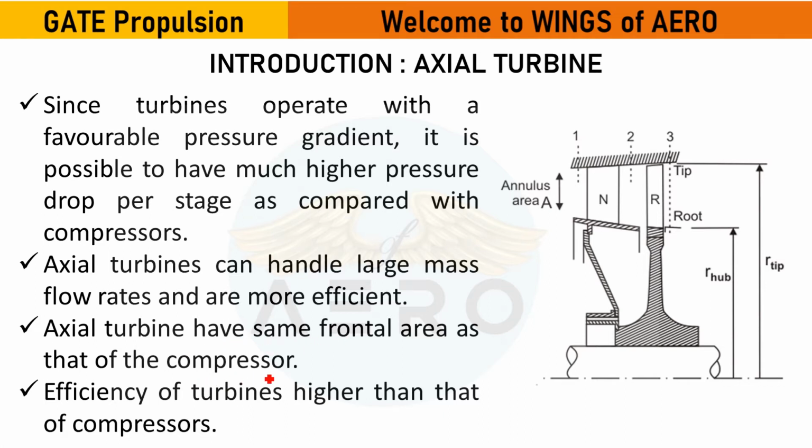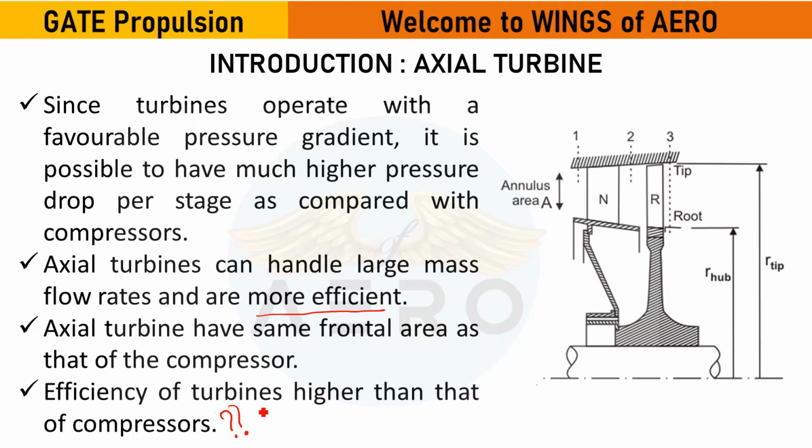So the frontal area of the compressor and the turbine are the same, there is no change, but it is said to be more efficient. Also, in the next statement, I have said that the efficiency of the turbine is higher than the compressor. Why so? This is an important thing to understand: why the efficiency of the turbine is higher than the compressor.